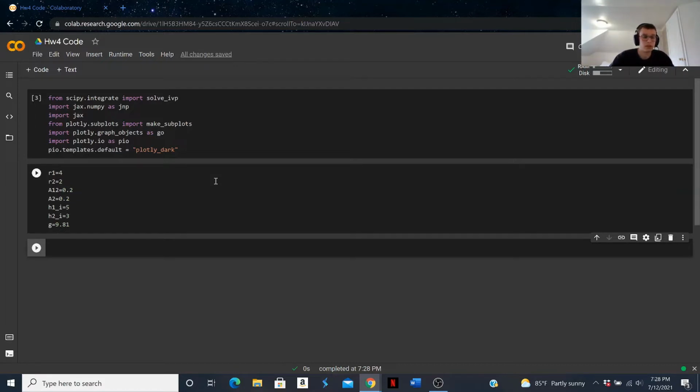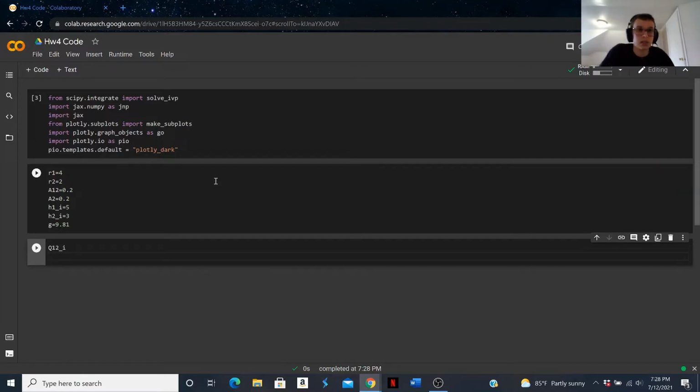So it's Q12, the flow rate between tanks 1 and 2 initially, at a steady state, because we're assuming that our problem starts at a steady state, and then our flow rate in pipe 2, from tank 2 out. These are the two that we're going to be solving for here.